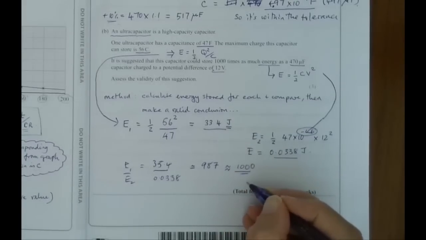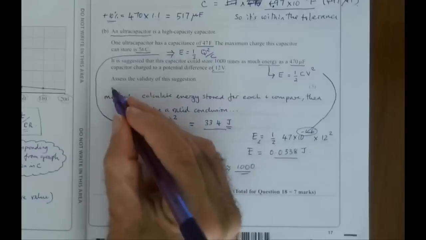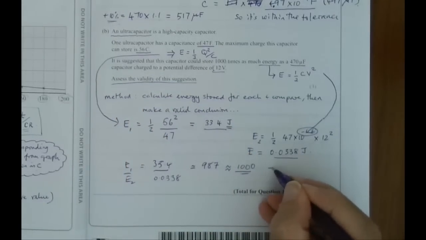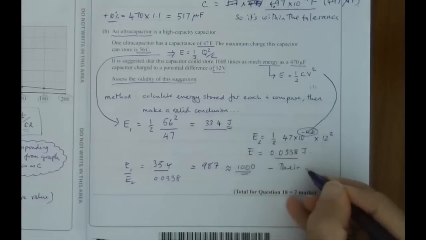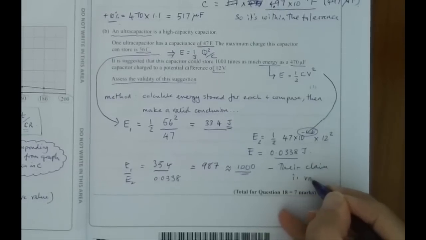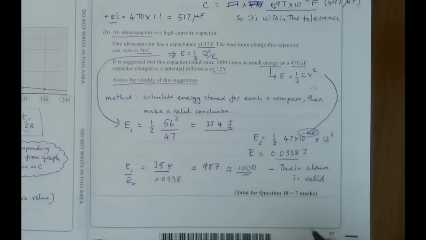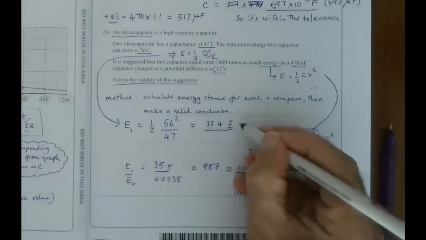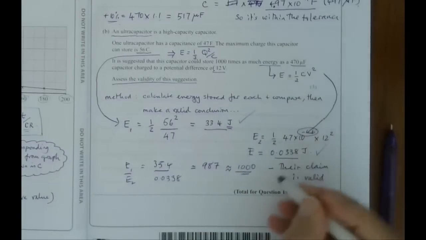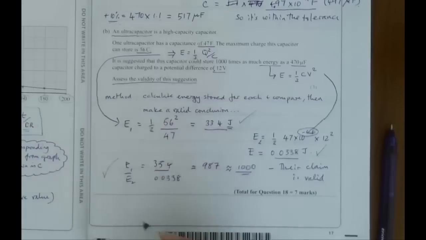Therefore, assess the validity of the suggestion. Say their claim is valid. Okay? And that will get you the 3 marks. So one is for working out this energy, one is for working out the second energy, and one is for assessing the claim using the ratio of the values.